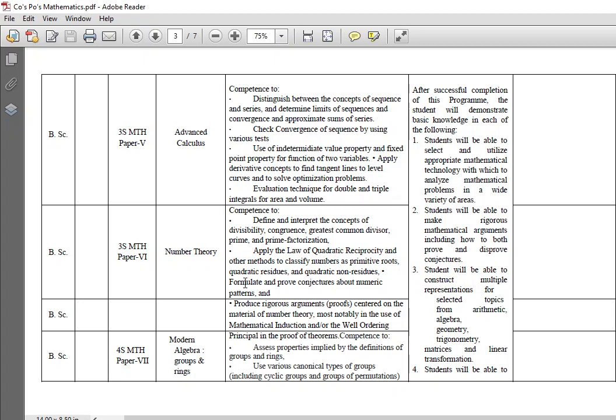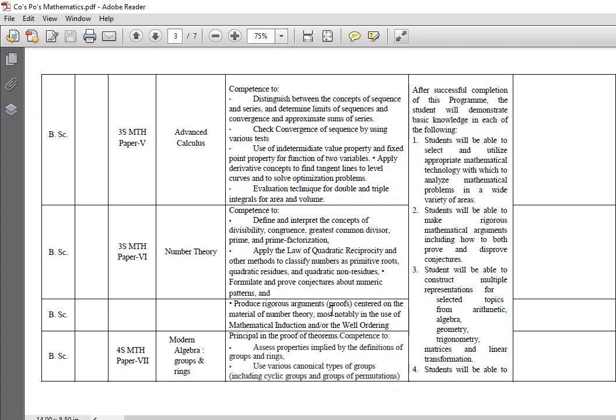You can formulate and prove conjectures about numeric patterns in the paper number theory, and you can produce rigorous proof arguments centered on the material of number theory, most notably in the use of mathematical induction and the well ordering principle.